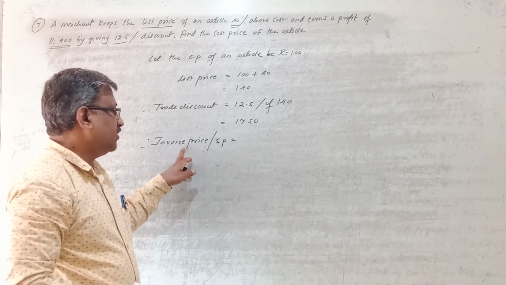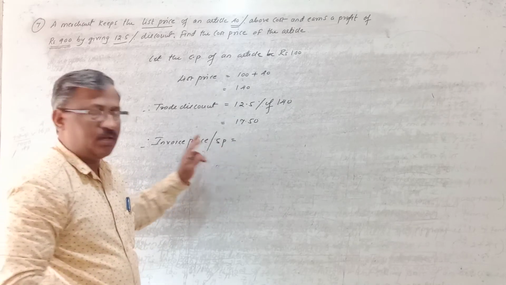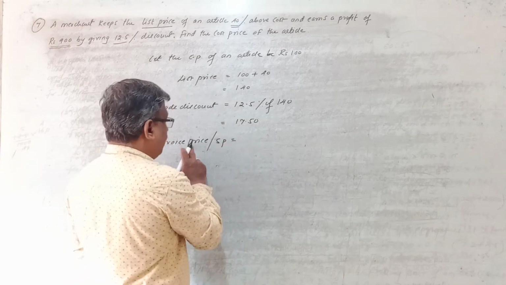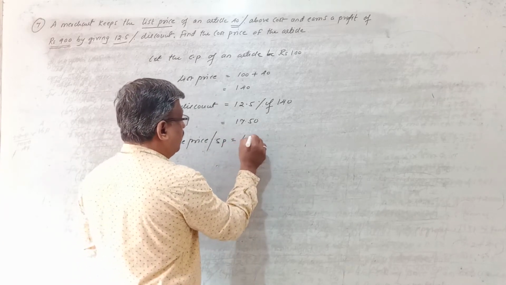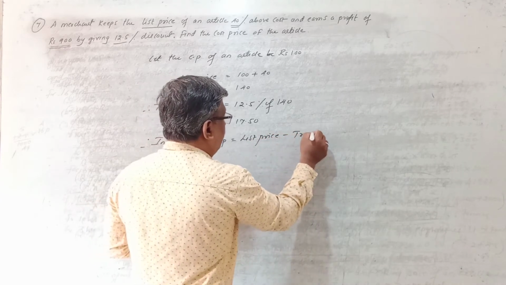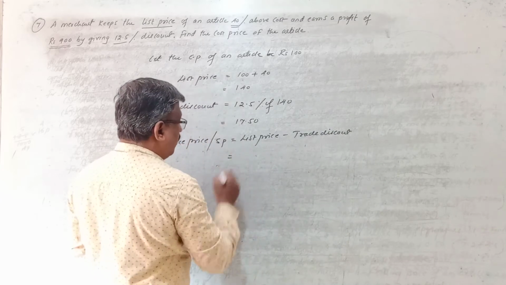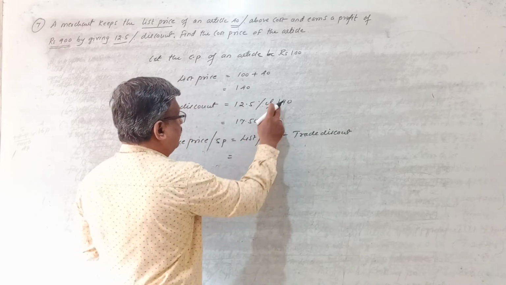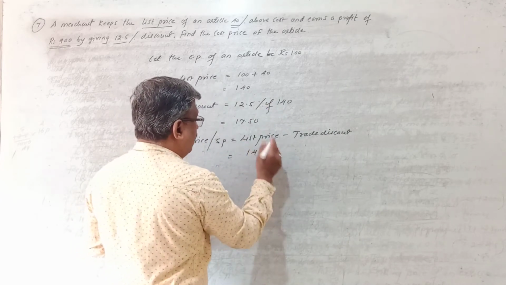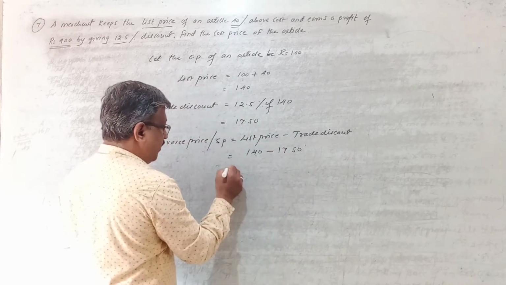So here this invoice price becomes our selling price. So selling price or invoice price is equal to what you have to do? From the list price you have to minus trade discount. So what is our list price here? 140 minus 17 rupees 50 paise trade discount.